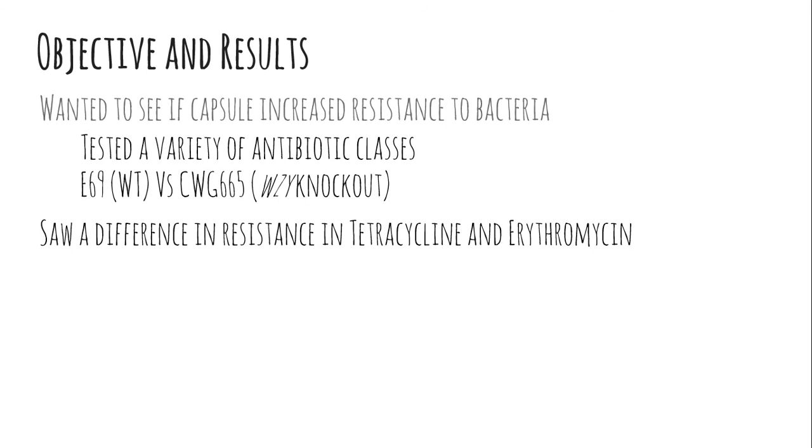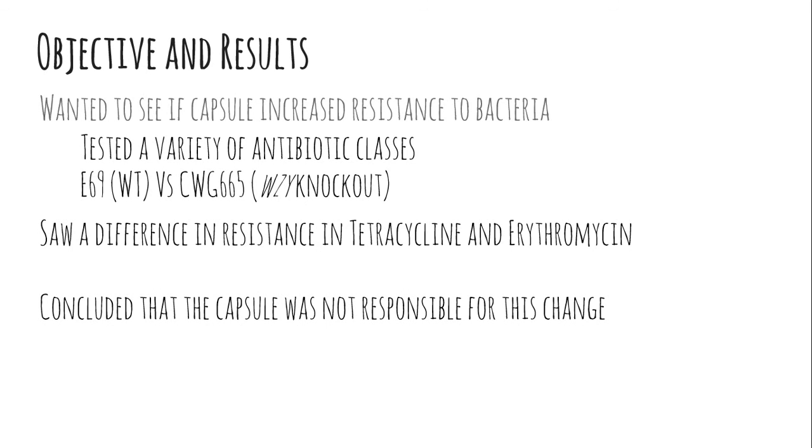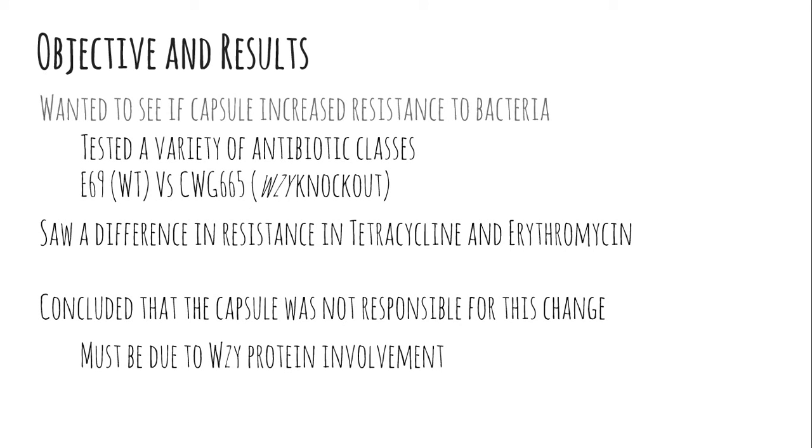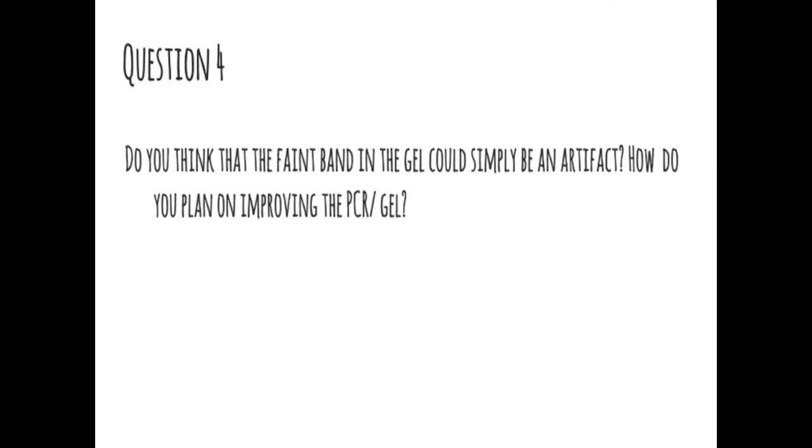They observed that same resistance in the knockout to all the alternate macrolides. However, they did not find evidence to suggest that this was due to the lack of capsule formation in the knockout, and concluded that it must be the lack of the WZY proteins that caused the phenotype, which is why we decided to narrow in and see which protein was responsible for this resistance towards macrolides, using erythromycin as our common representative of the antibiotic class.